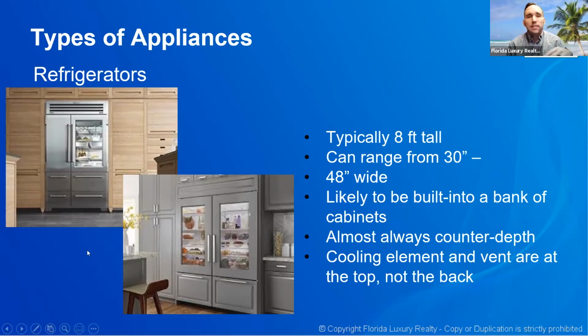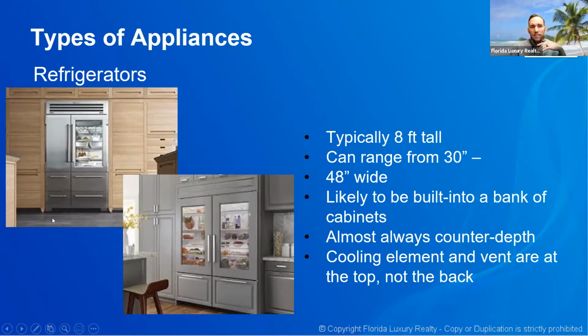Now, what this means is, let's say, for example, that you have a seller who says, hey, I've got this refrigerator. It's starting to kind of be on its last legs. I'm thinking about just pulling that out and sticking another fridge in there. My advice to them would be, if you're going to replace it, replace it with the exact same unit. Don't stick a traditional refrigerator in there, because this 18 inches at the top is going to be open. And if you're sticking this into a bank of cabinets, it's going to look really, really weird.